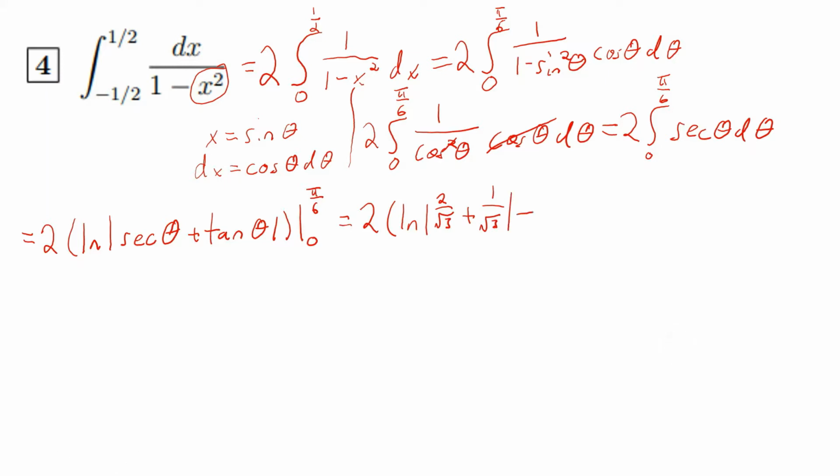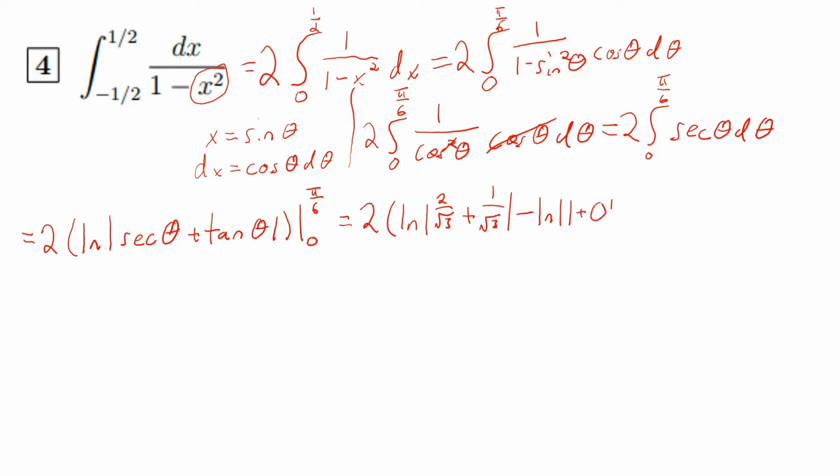Then we subtract secant of 0. Cosine of 0 is 1, so the reciprocal is just 1. And tan 0 is just 0.